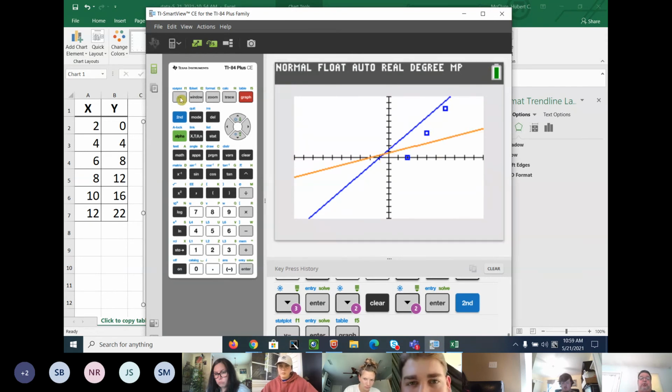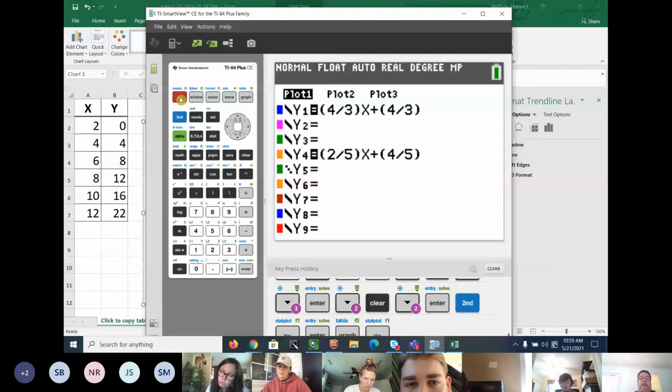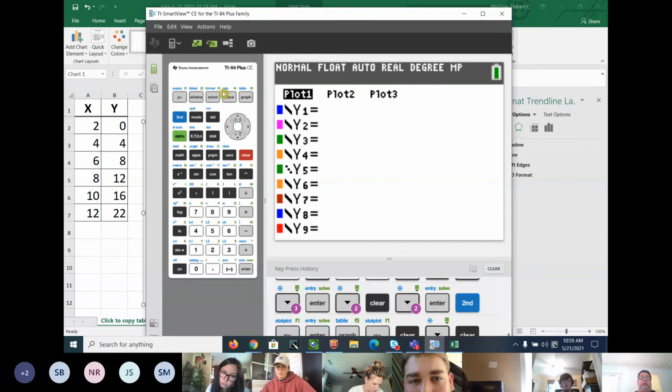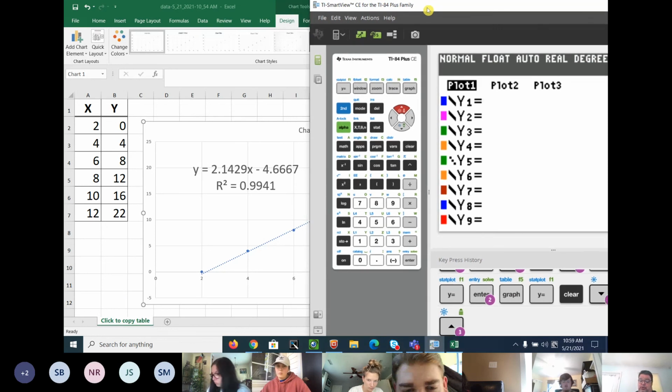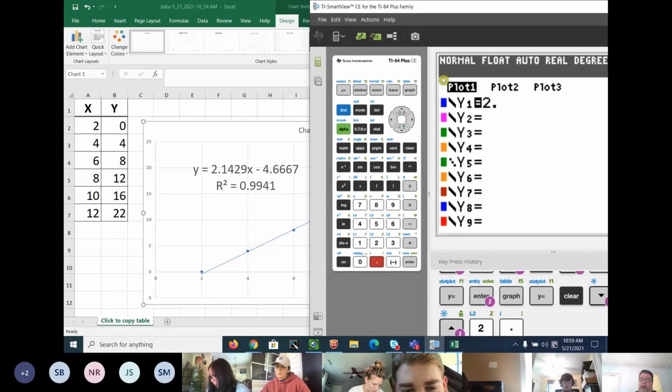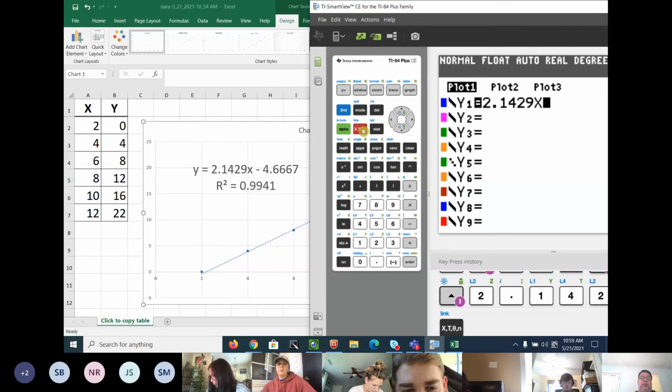So go to y is equal and clear this, and go up to the blue one if you want to, whatever color you want, and type in 2.1429x minus 4.667.